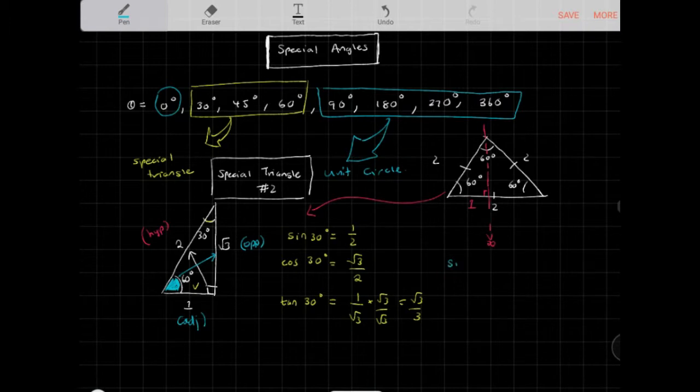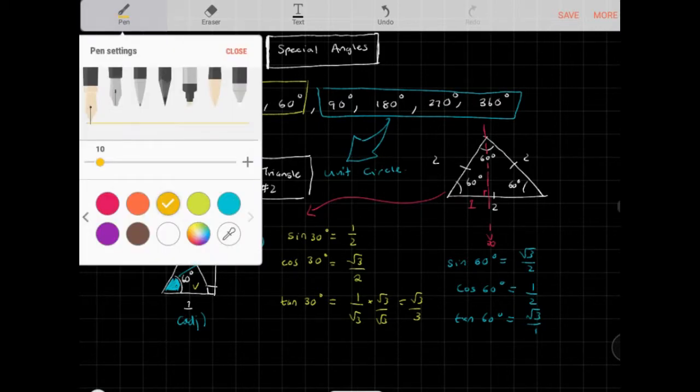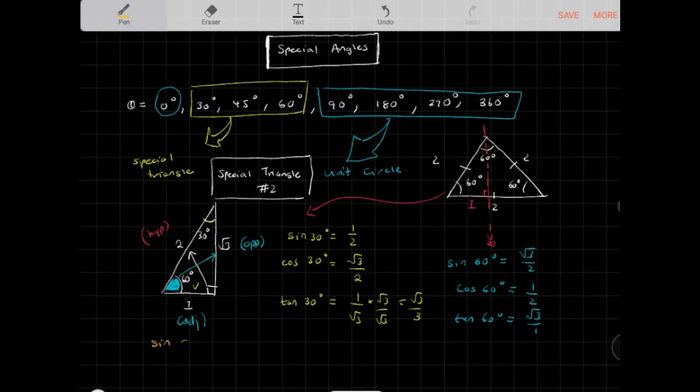Now you can see that sine 60 degrees is equal to opposite over hypotenuse, square root 3/2. Cosine 60 degrees is adjacent over hypotenuse, which is 1/2, and tan 60 degrees is equal to square root 3 over 1. You can also see that the cofunction identity is still conserved: sine theta is equal to cosine of 90 minus theta, and cosine theta is equal to sine of 90 minus theta.